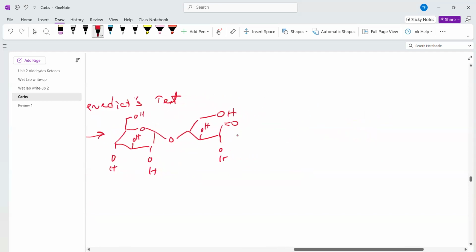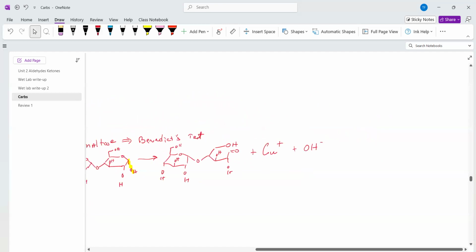And now we're going to throw in copper. Benedict's solution uses copper plus 2 in a basic environment.